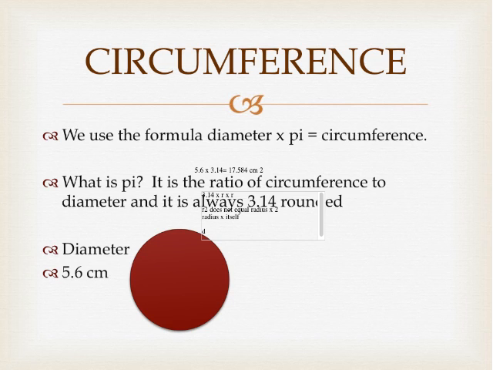So if we divide 5.6 in half, we get 2.8 times 2.8 times 3.14. And that's going to be the area of our circle. I'm going to go back up here and type in the word area so that we make sure that we get it there.